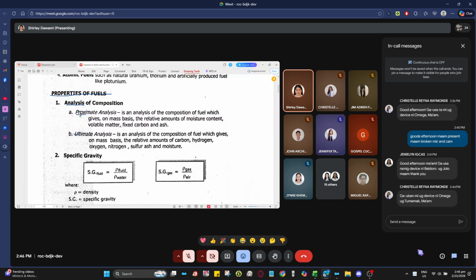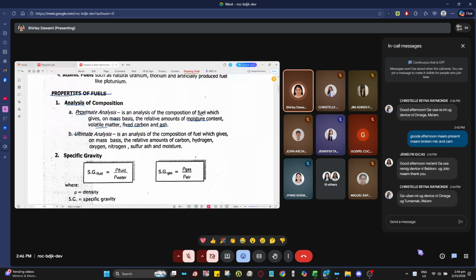Okay, so proximate analysis is an analysis of the composition of fuel, which gives on mass basis the relative amounts of moisture content, volatile matter, fixed carbon, and ash. Okay? So on mass basis, kani siya nga mga relative amounts kay mga weight percentage ni siya, no, present in coal.